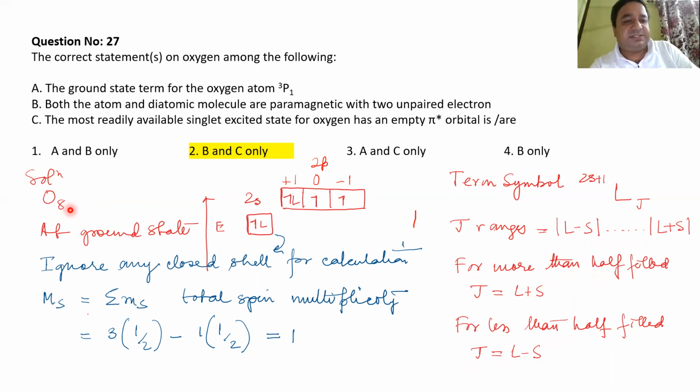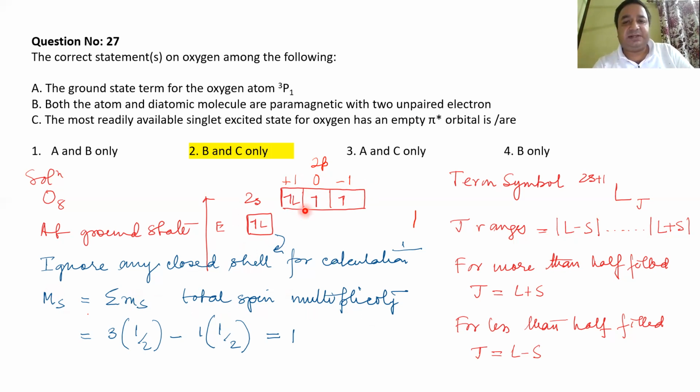Now, for oxygen in the ground state, this is the energy axis. Here this is the 2s and this is the 2p. We will be using Hund's rule of maximum multiplicity and Pauli's principle to write the electronic configuration. The rule is that we have to ignore any closed shell while calculating the total spin multiplicity, which is nothing but Ms equal to sigma ms. So this one is not used.